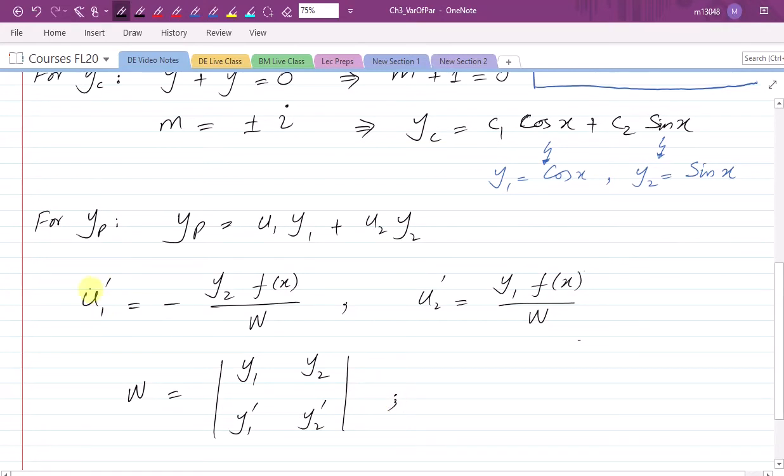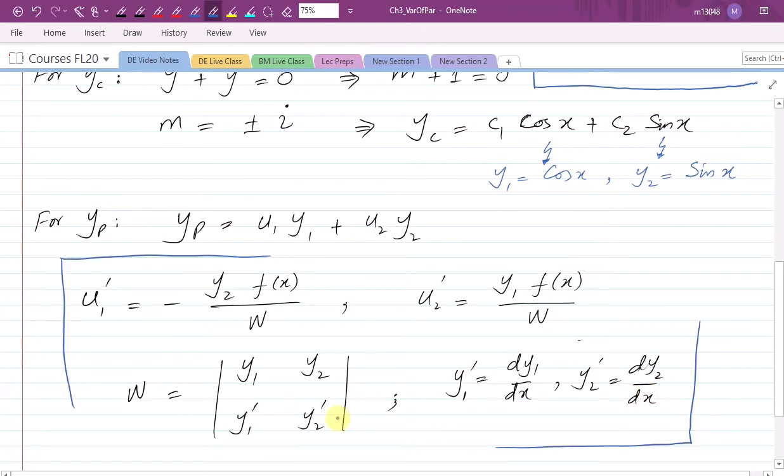U1 prime means derivative of u1, not u1. We have to integrate this one to get u1, where y1 prime is actually dy1 by dx, and y2 prime is actually dy2 over dx.